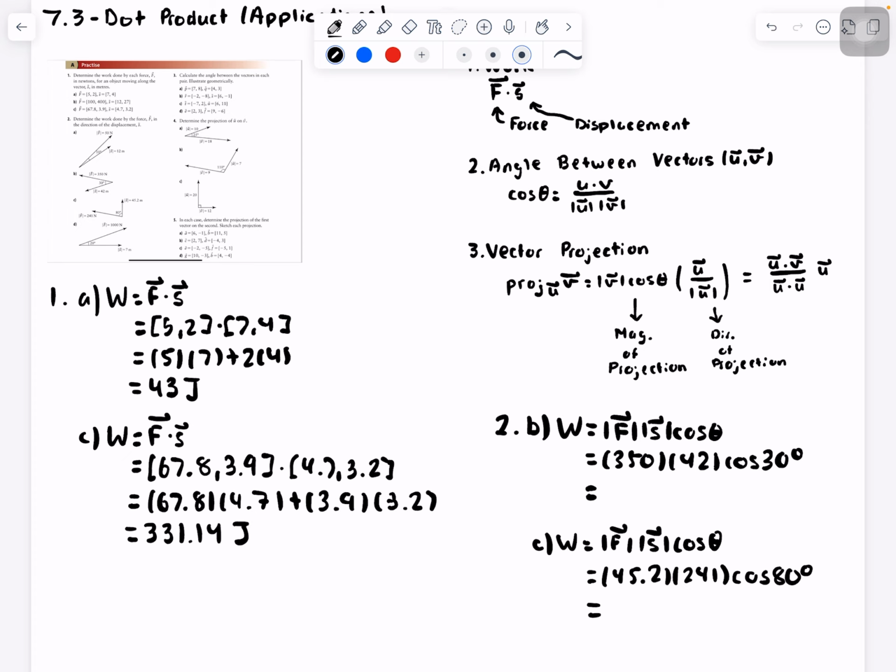And calculate. 350 times 42 cosine of 30 is 12,730.57 joules. 45.2 times 241 cosine of 80 is 1,891.58 joules.